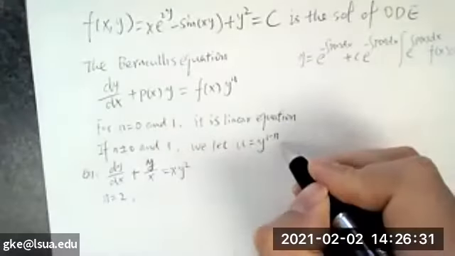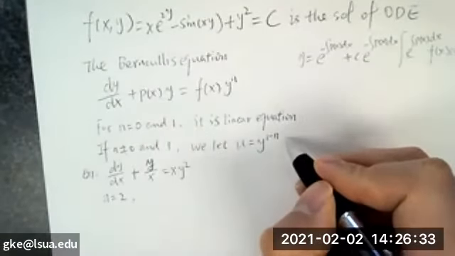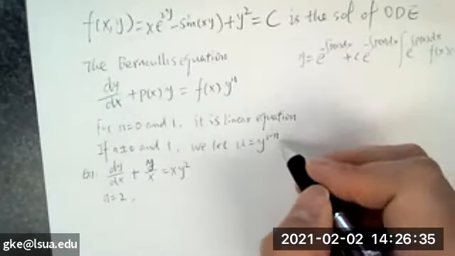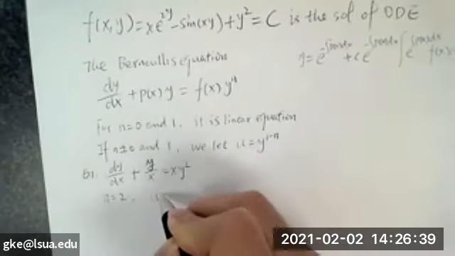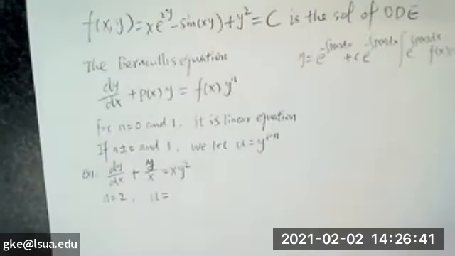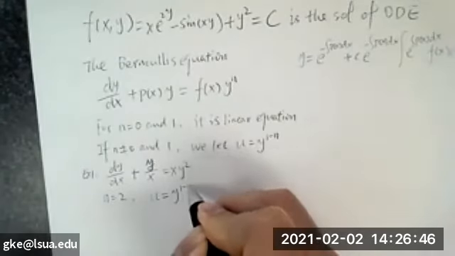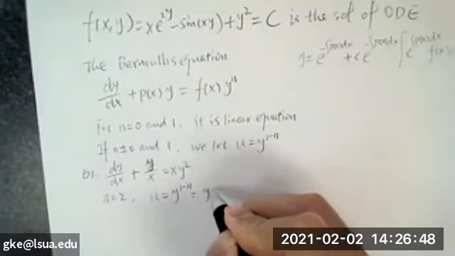So now that means what? It belongs to the second case, n equals 2, which is that u equals y to the power of 1 minus n, and n is 2.